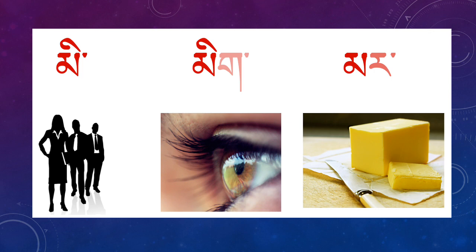so the letter is ma. With the accent or the vowel sign, it becomes mi. So when we look at this second word, we have 2 letters here. So the first one is the same as the word before, but what happens to this ka here?